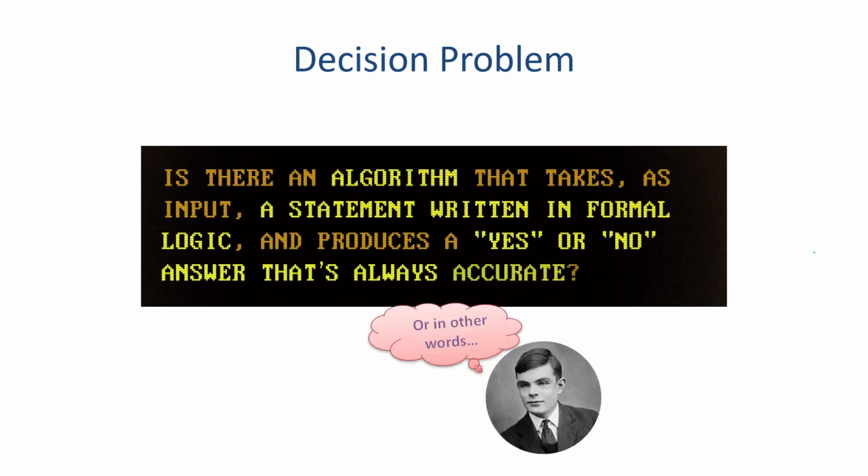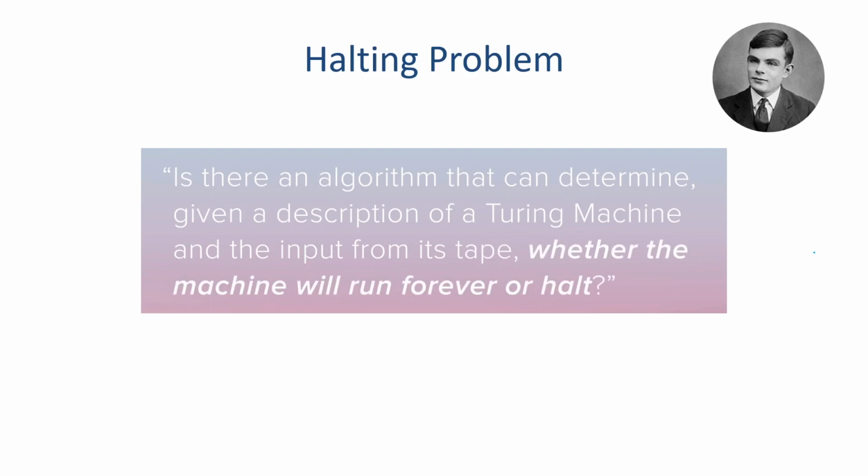So, in other words, we could ask this question in terms of Turing machines. Is there an algorithm that can determine, given the description of a Turing machine and the input from its tape, whether the machine will run forever or it's gonna halt? So, still asking if there's an algorithm.